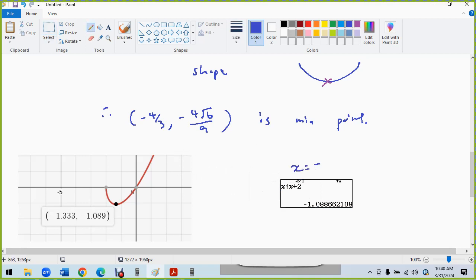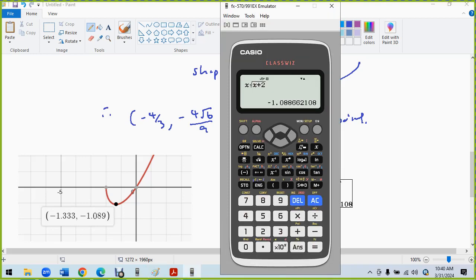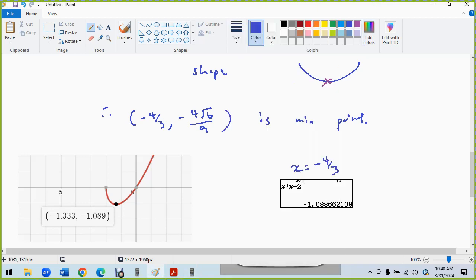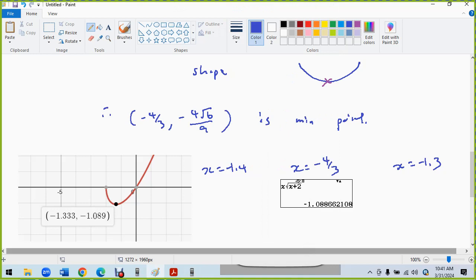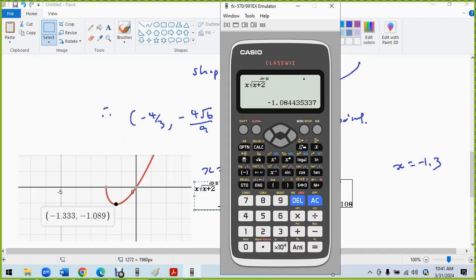When x equals negative 4 over 3. So during the exam, you want to check the answer also very easy. How? Before that is negative 1.4. After that is negative 1.3. So this equation, I just substitute negative 1.4. Then I get the answer is negative 1.084.